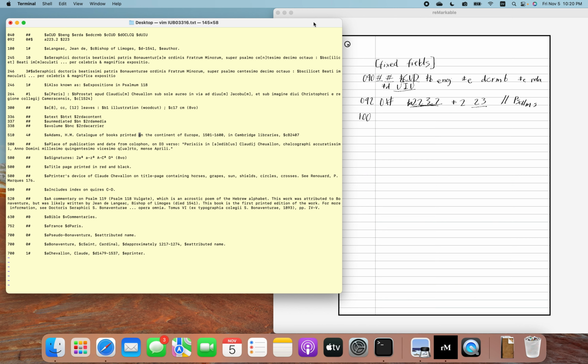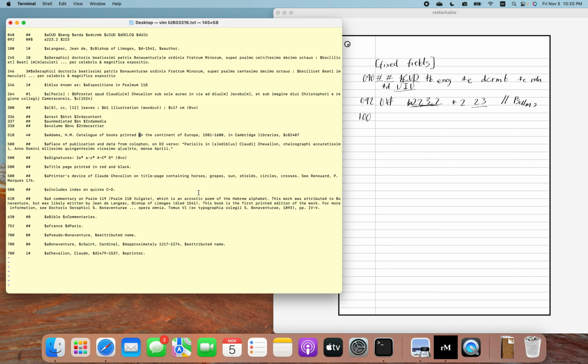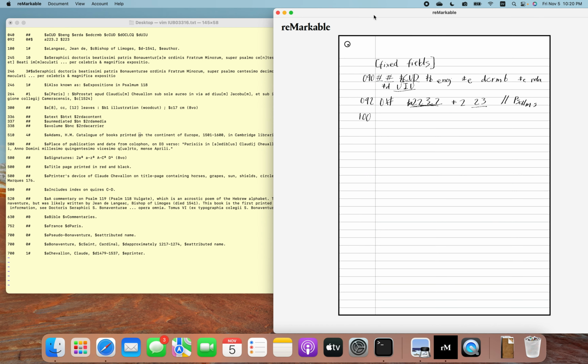Sometimes the printer thought it was written by this person, and it turns out I had to do some research in this old Latin tome here, that they determined that it was actually written by this Jean de Langeais, Bishop of Limoges, I don't know, but it is actually by this person, and that's just how it ended up at the end of the day.